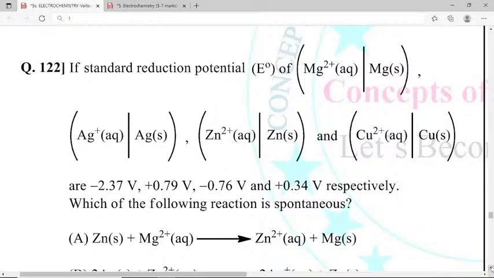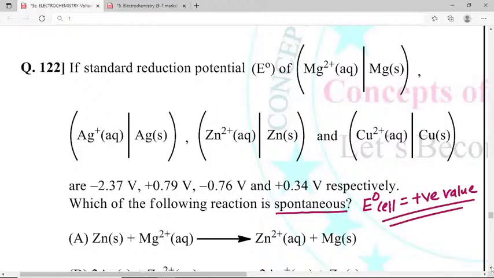If standard reduction potentials of Mg2 plus, silver, zinc, copper are given, which of the following reactions is spontaneous? So for a reaction to be spontaneous, that is E naught cell should be positive value. It should be positive value.